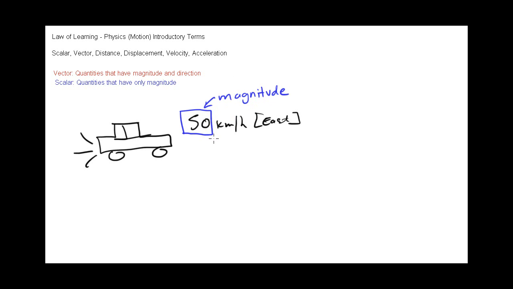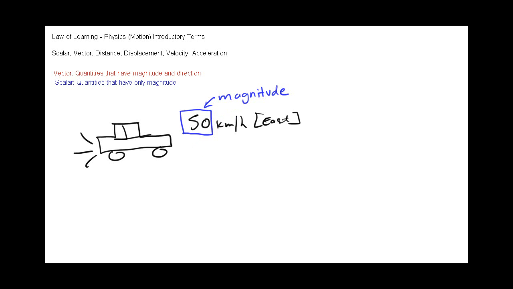This 50 can be 100, 150, whatever, but this magnitude is independent of the direction it's traveling in. So you can have a 50 kilometer per hour car traveling east, or a 100 kilometer per hour car traveling east. The number is the magnitude.